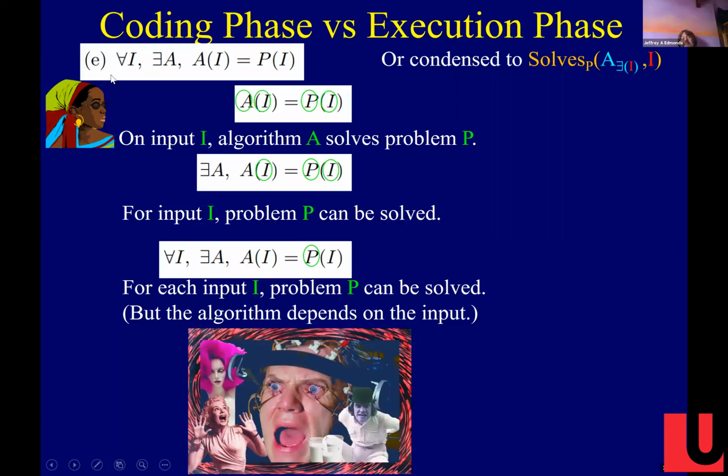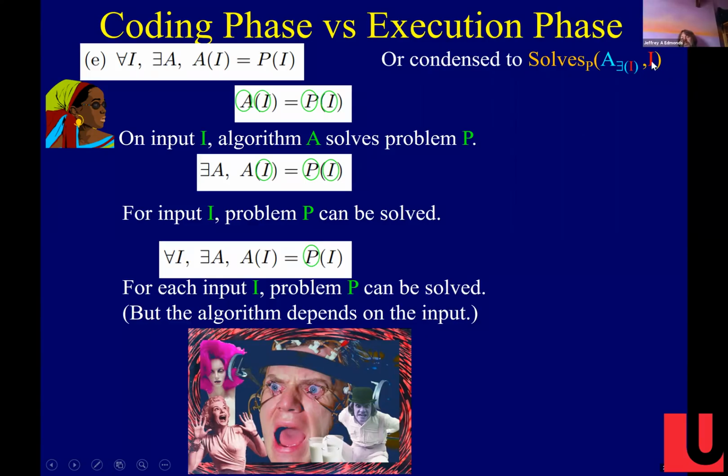And that k doesn't depend on I, it only depends on the algorithm, right? And what does this say? For every input, there's some algorithm that solves it, right? We want to solve for every input, but the algorithm that we use to solve it can depend on the input, and that's bad, right? That's where we come into Clockwork Orange time, right?